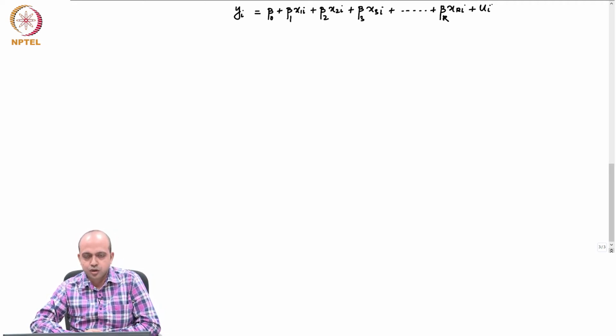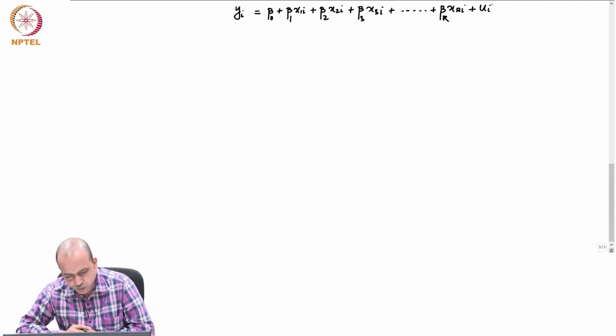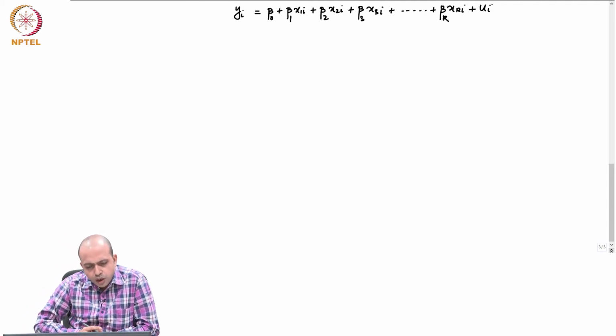This is our model. Now, in this model, how do you estimate beta 1 hat, beta 2 hat, beta 3 hat?